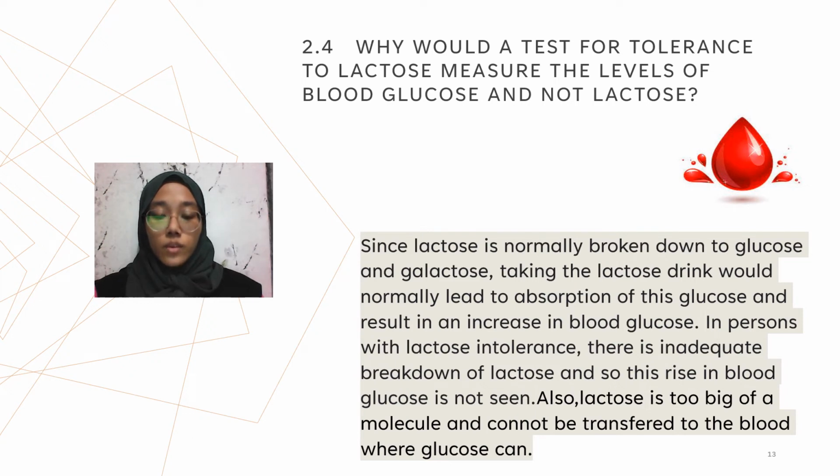In persons with lactose intolerance, there is inadequate breakdown of lactose, and so this rising blood glucose is not seen. Also, lactose is too big a molecule and cannot be transferred through blood where glucose can.